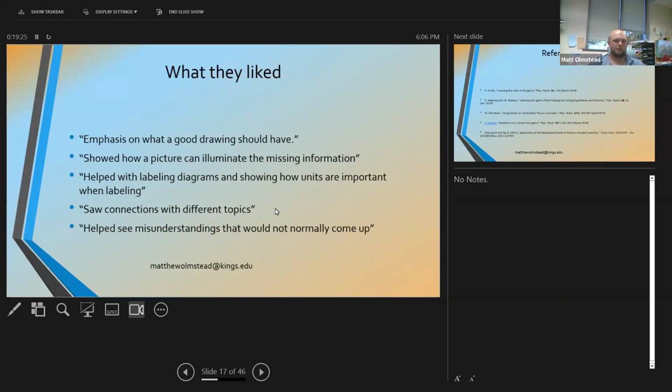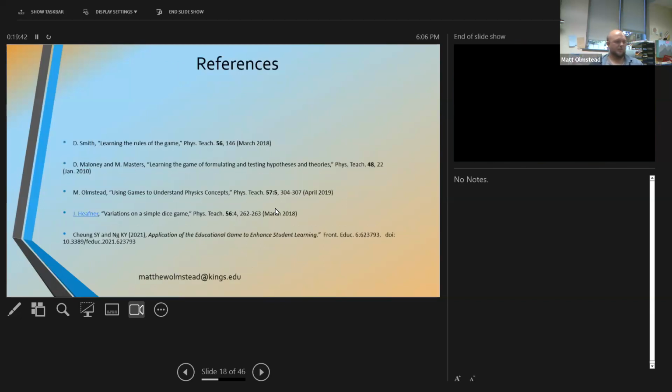They're not drawing perfect pictures, but their pictures do have more details than if they just have a ramp sliding down or a block sliding down a ramp. Most of them, about half of them, used to just draw a ramp with an angle indicated. Now they put more information on it. Okay. And so there's just some reference I've looked at, and some of these people I've been working with on some of these different activities, but that's where I want to stay.